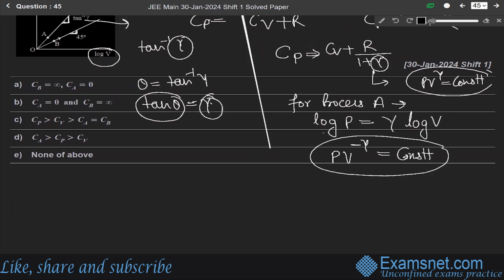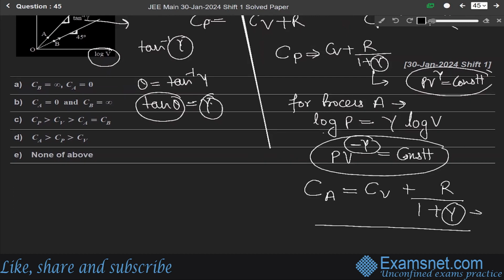It means that for process A, we can write CA equals CV plus R over 1 plus gamma.